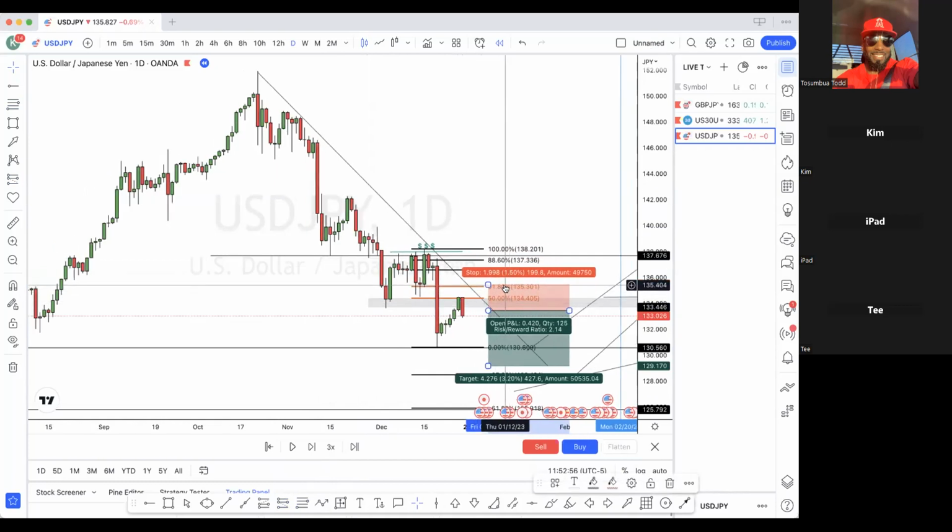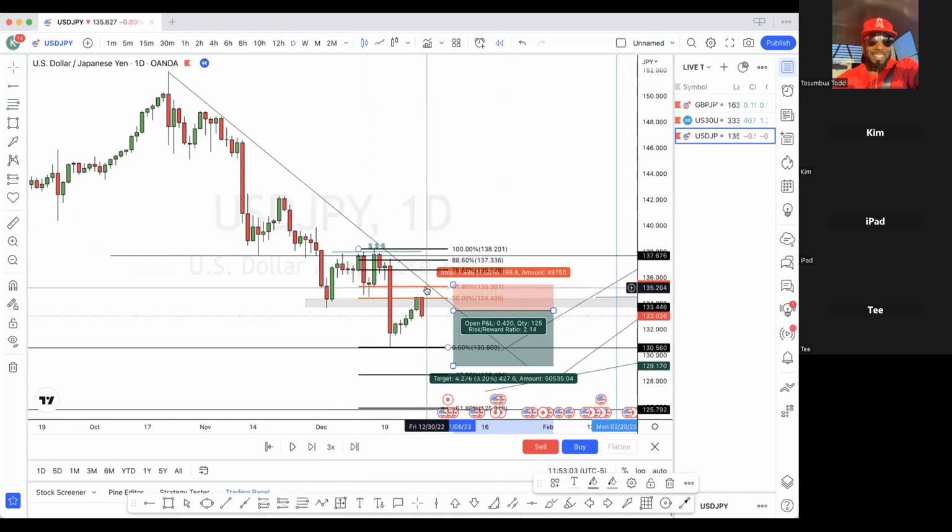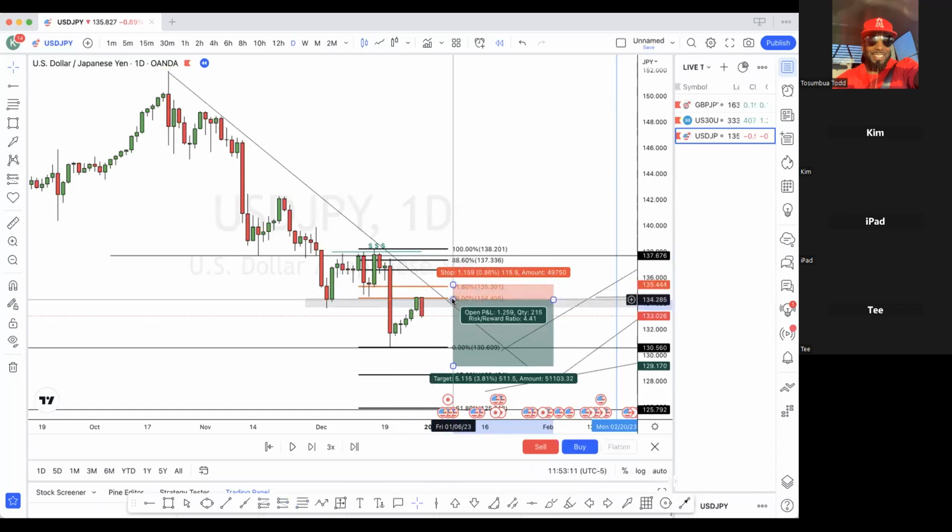Again, you can refine your trade. I would expect this to come back a little more, a little bit more. There are no wicks on here. So I would definitely expect this to come back a little more, but I don't know how this is going to play out. So I would definitely go down in time frame to refine this trade.